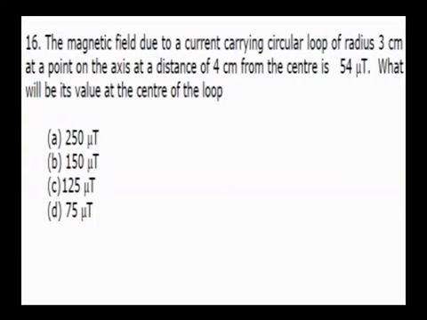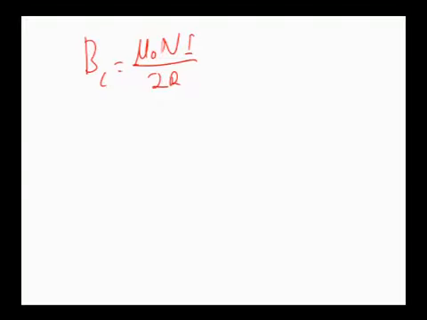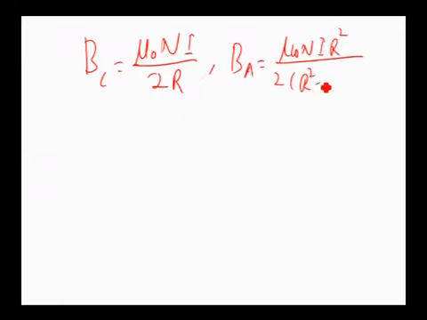We know both the expressions, that is magnetic field at the center is B C equals mu naught N I divided by 2r, okay. And magnetic field at a point on its axis is B equals mu naught N I r square divided by 2 into (r square plus x square) to the power of 3 by 2.